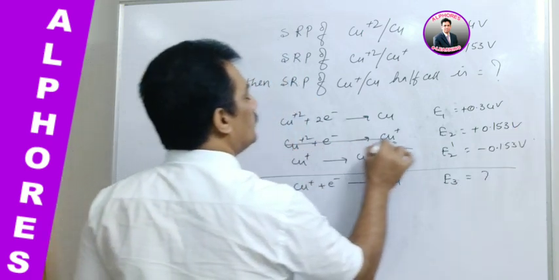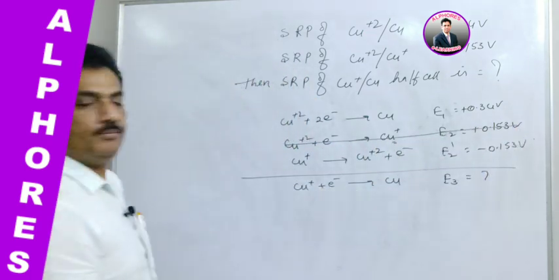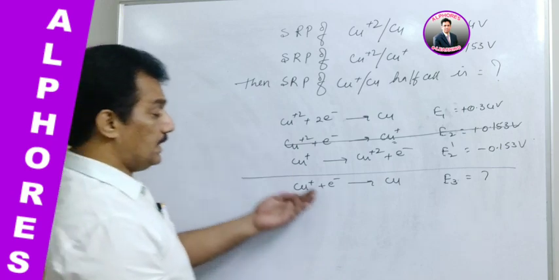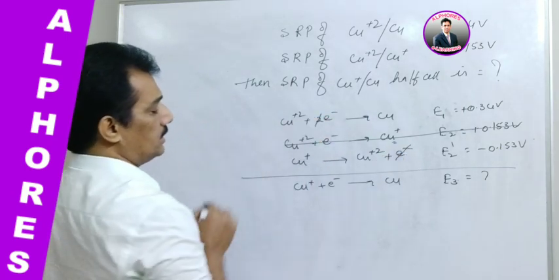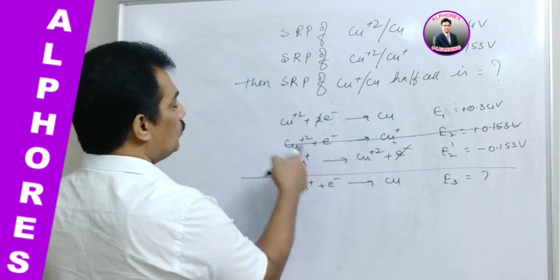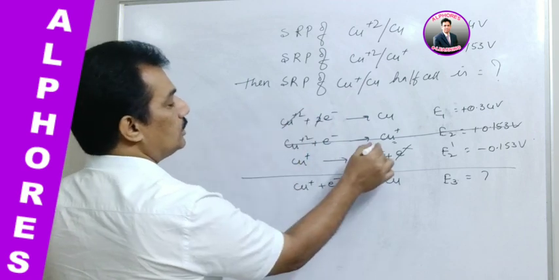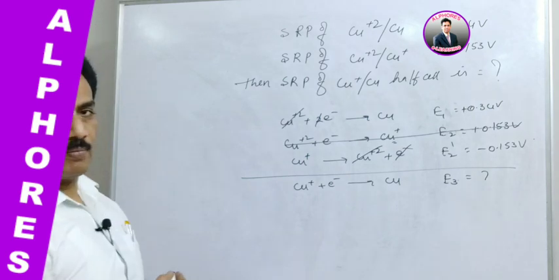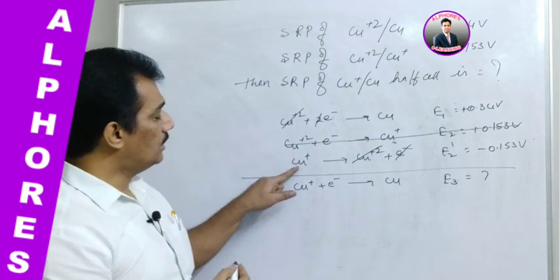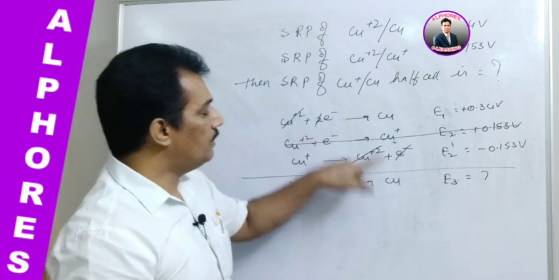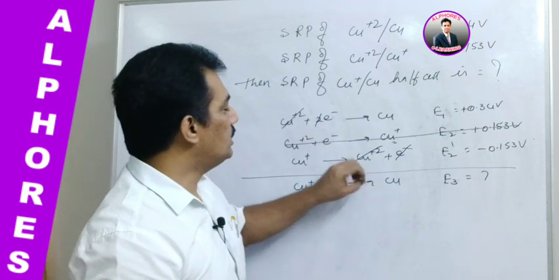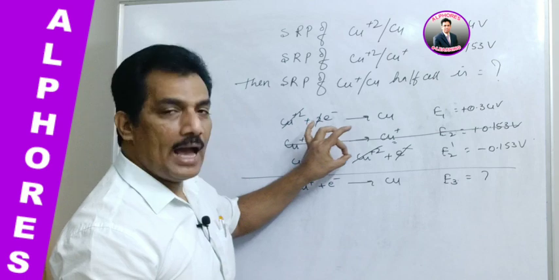Now the net result is that the electron cancels, the Cu+2 cancels, and the remaining species are nothing but Cu+ and 1 electron giving Cu. That means these two reactions are added.